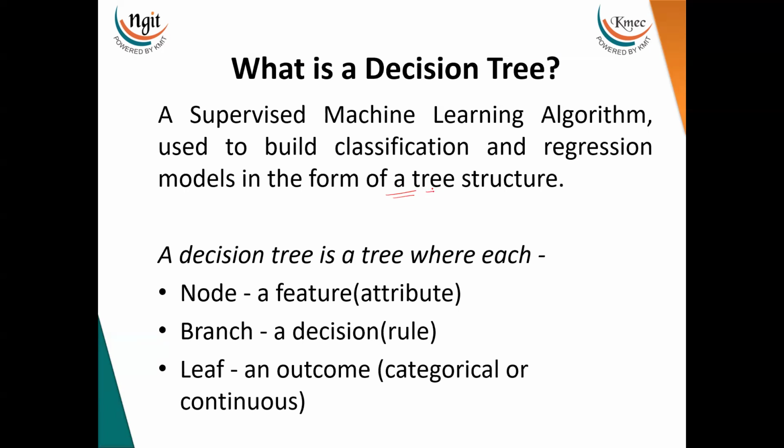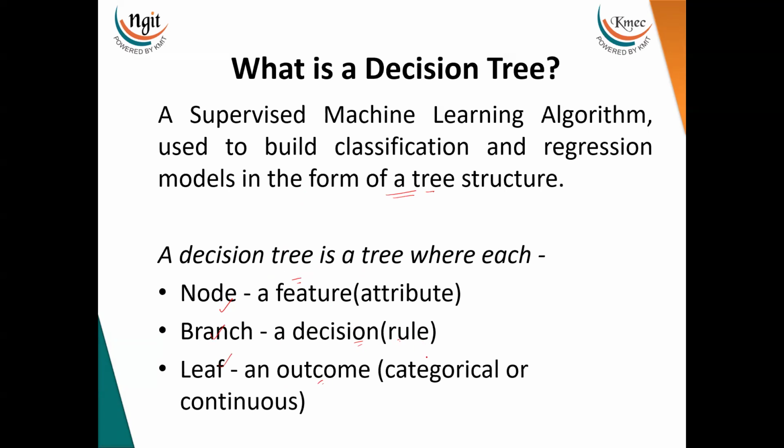When it is a tree, we know there are three important things: node, branch, and leaf. In a decision tree, the node is a feature or an attribute that we get from a data set, the branch is a decision or a rule, and the leaf is an outcome.